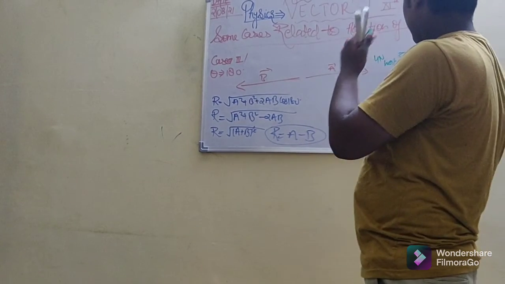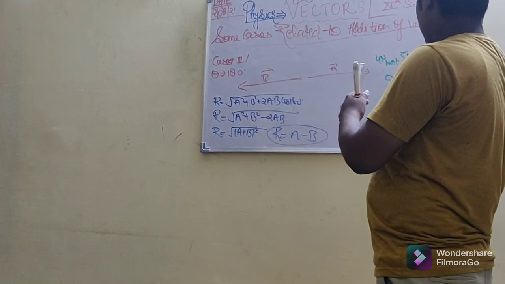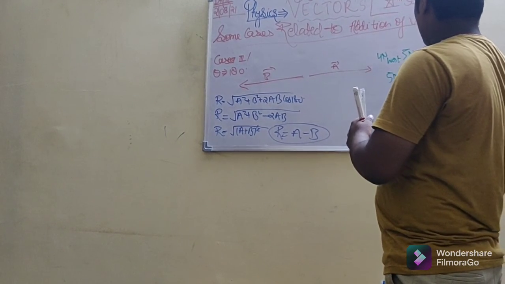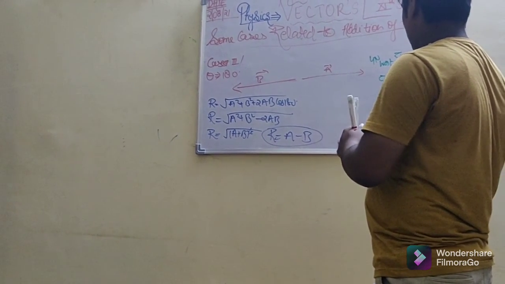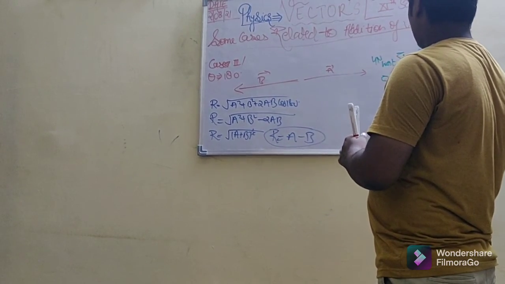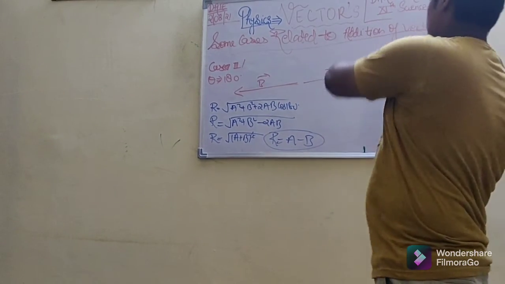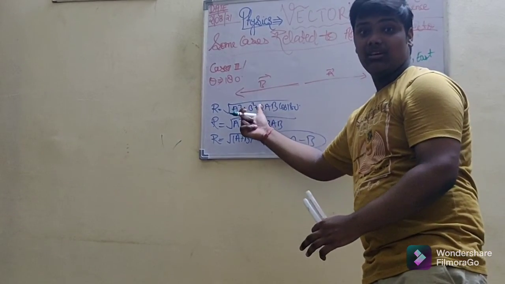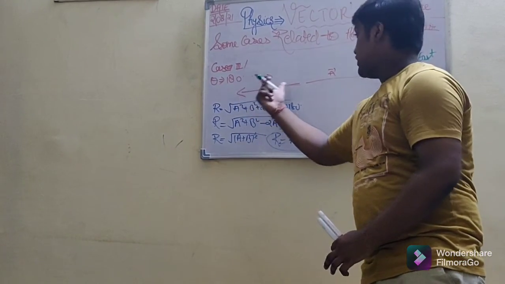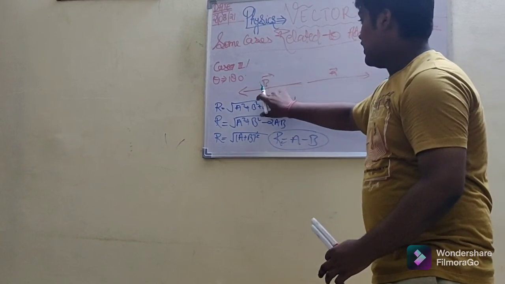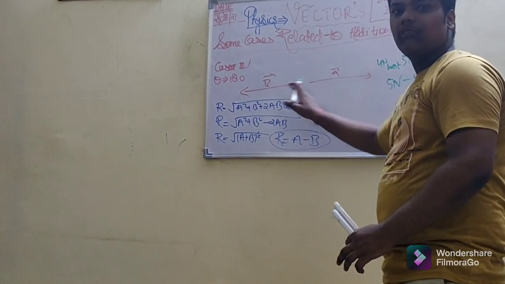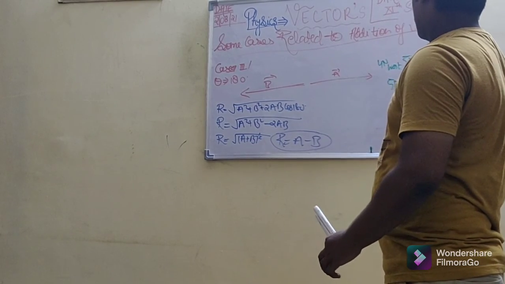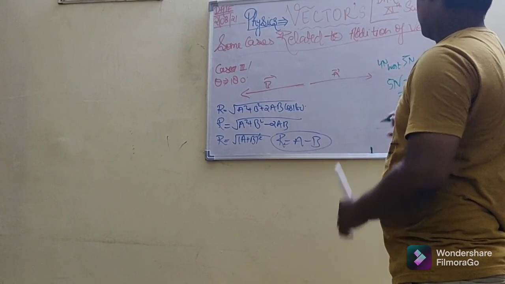So we can say 5 Newton east, and the other force will be minus 4 Newton, because it is in the minus direction and the other is in the positive direction. So if we bring it in the same direction it will be minus, that is why we put the minus here.